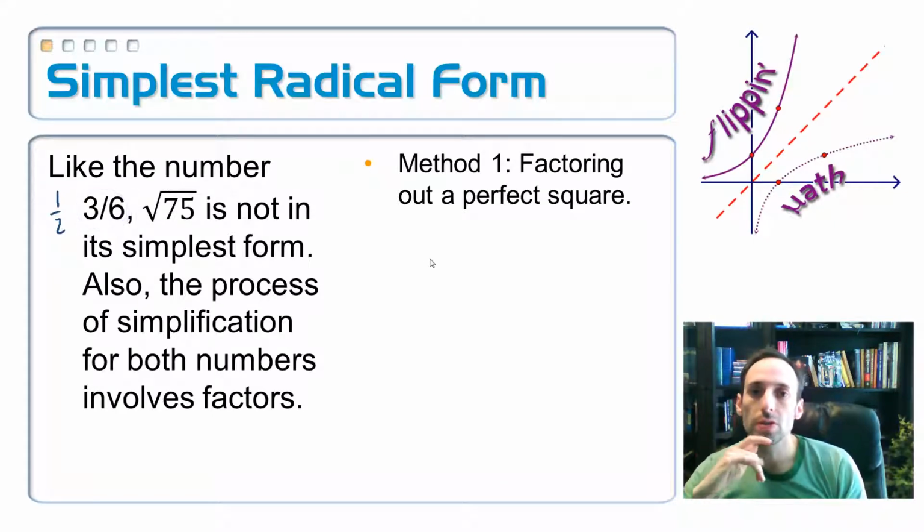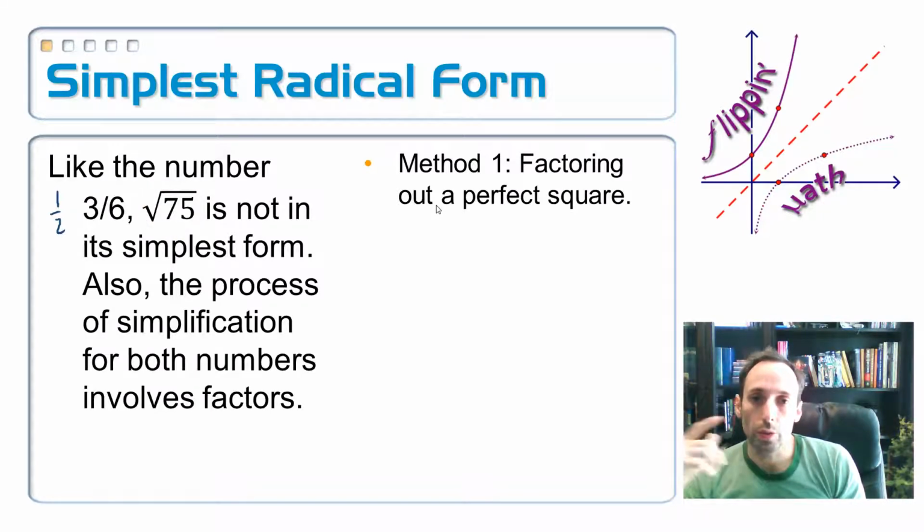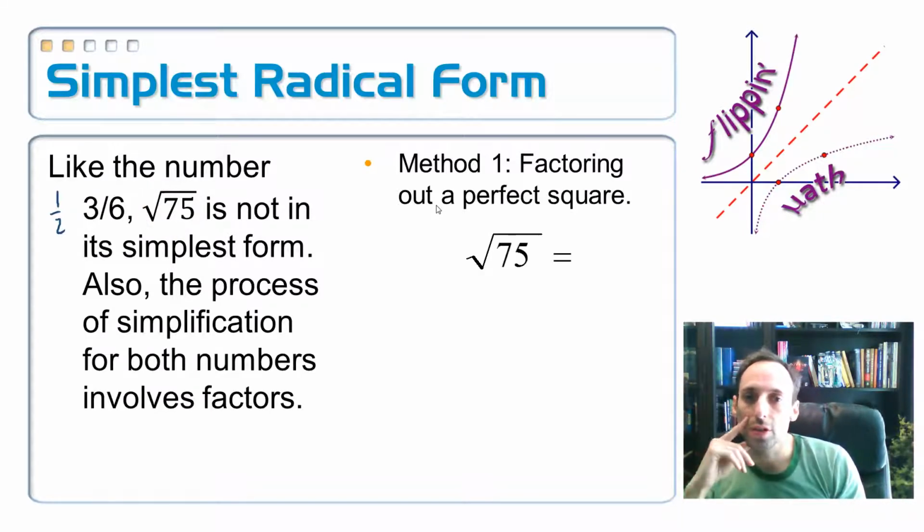We do something similar with perfect squares. The square root of 75 is not in simplest form. The process to put it in simplest form also involves some factors, but these are perfect square factors. In this first method, you want to try to think of a perfect square that divides evenly into 75.